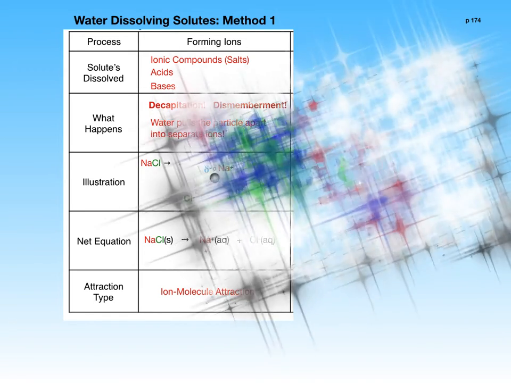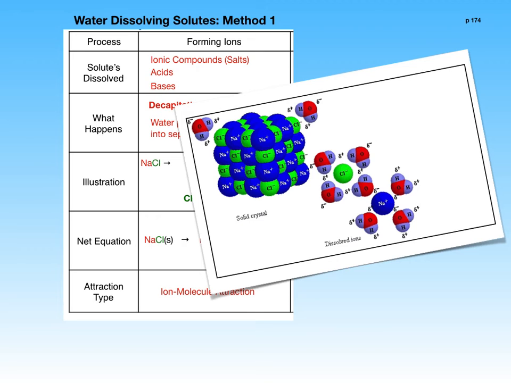Take a look at this picture of the dismemberment of the solid crystal lattice. The solid crystal lattice has positive sodium ions alternating in position with negatively charged chloride ions. As the picture shows, the polar positive side of water, the hydrogens, surround and pull the chloride anions away from the solid crystal.